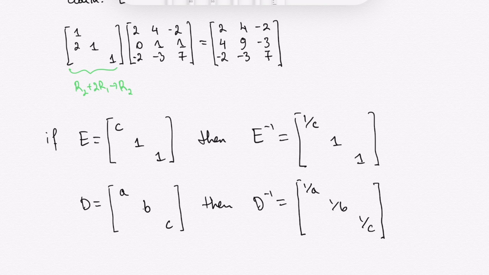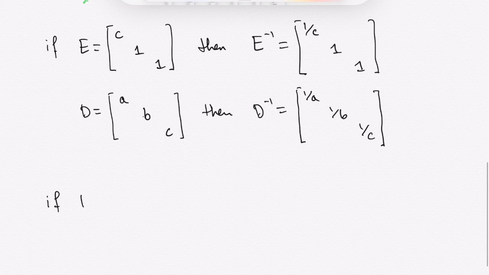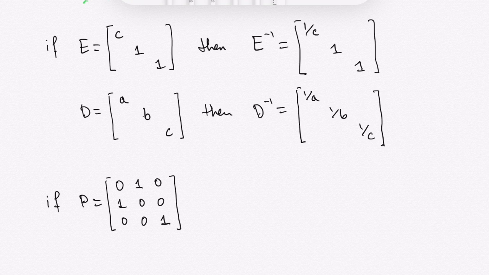Now, when it comes to permutations, if the permutation made a single exchange, then the permutation will be its own inverse. So if we have P equal to, for example, exchanging the first two rows, it would look like this. The second row of the identity matrix would be in the first row, and then the first row would be in the second, and then the third row will stay unchanged.